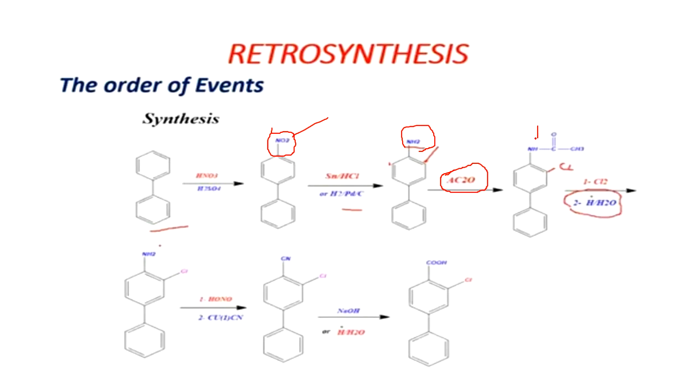Protection and deprotection is another type of reaction in which the reactivity of one molecule can be blocked at several stages to get our desired product. Here, when we are doing the acetylation reaction, the NH2 group is blocked, or its reactivity will be blocked. After that we have to take a chlorine molecule here. So we are doing a chlorination reaction.